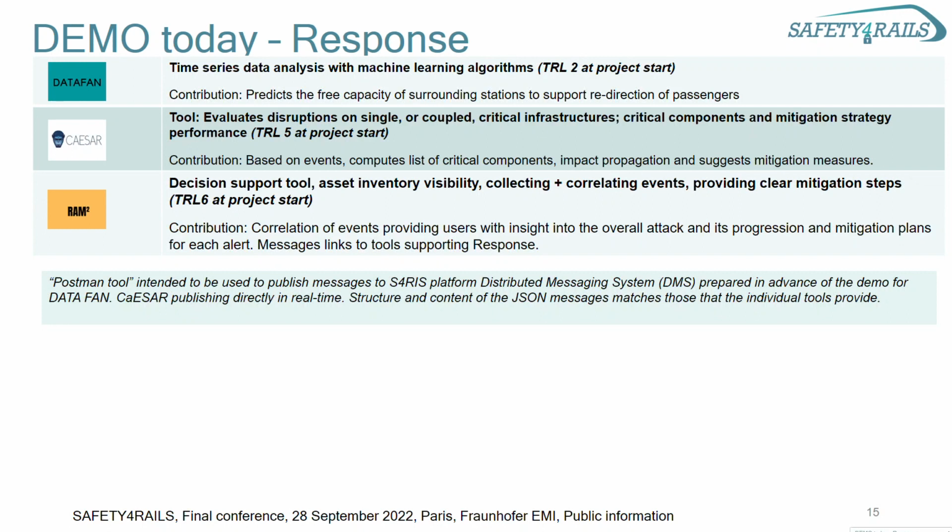And again, the RAM2 tool is the main tool providing the results from the data fan and Caesar tool overall, together with the alarms, so that the user has a maximal insight into the alarms and the proposed response measures.